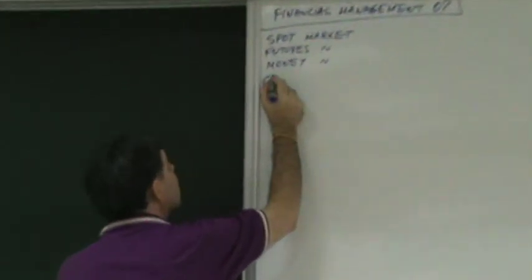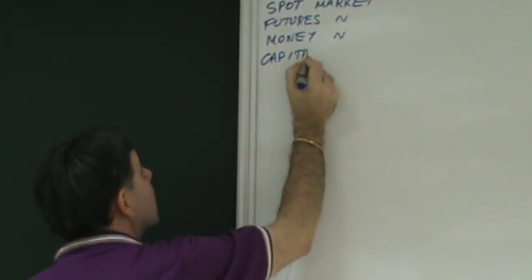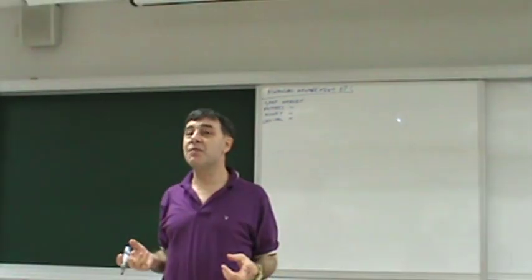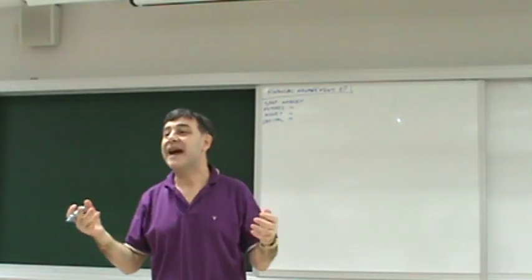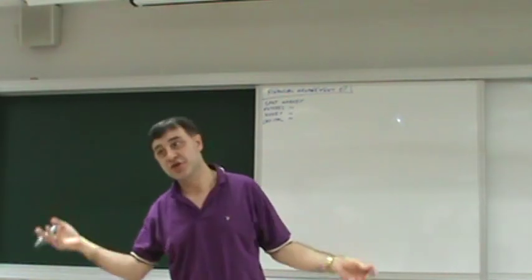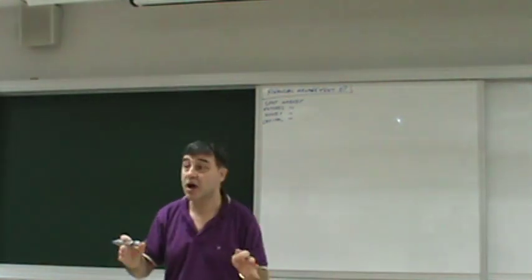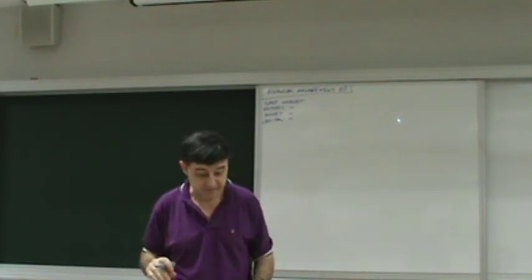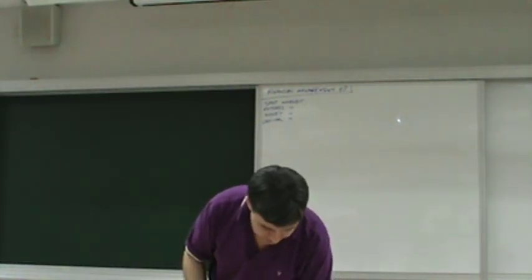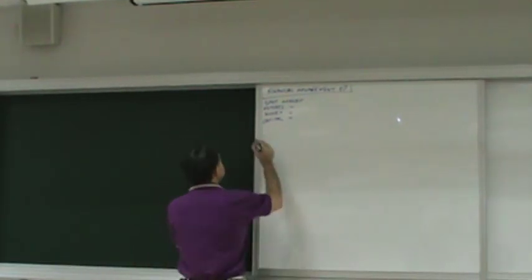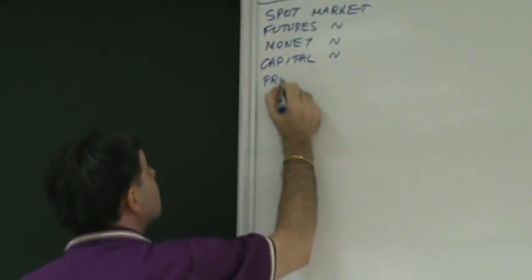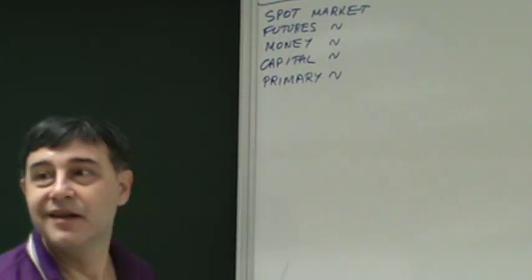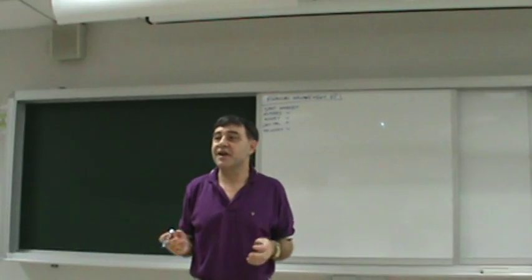Capital market. A financial market where capital market instruments are traded. You can also say where long-term financial instruments are traded. That's it. Next one, primary market. Same thing.